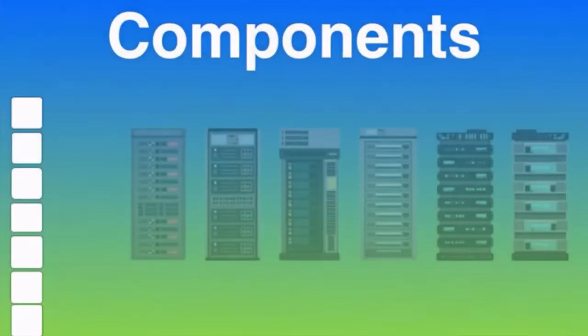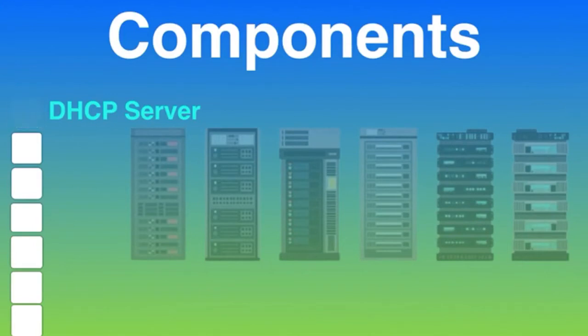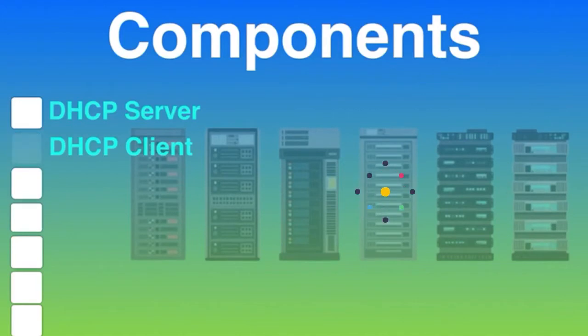Let's talk about the components of DHCP. First one is server. It is typically a server or router that holds the network configuration information. Second one is client. It is the endpoint that gets the configuration information from the server, like any computer or mobile.